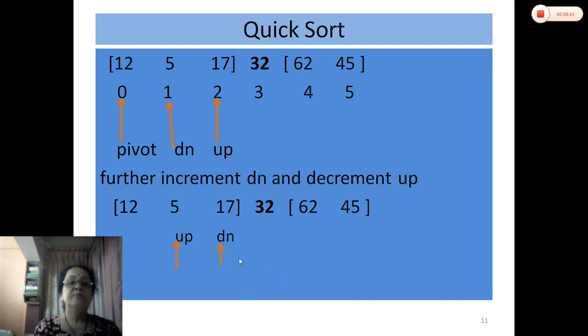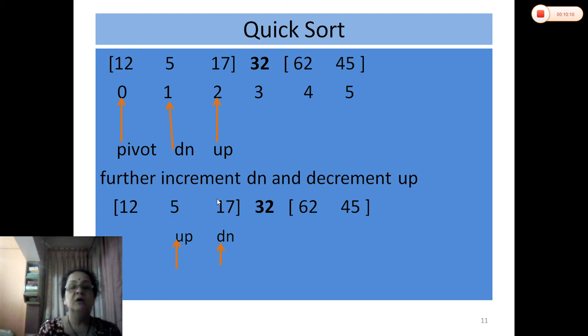So now after getting 12, 5 and 17, that is the left partition, we further increment down and decrement up, because now those two elements are already at the appropriate place. So we increment down.